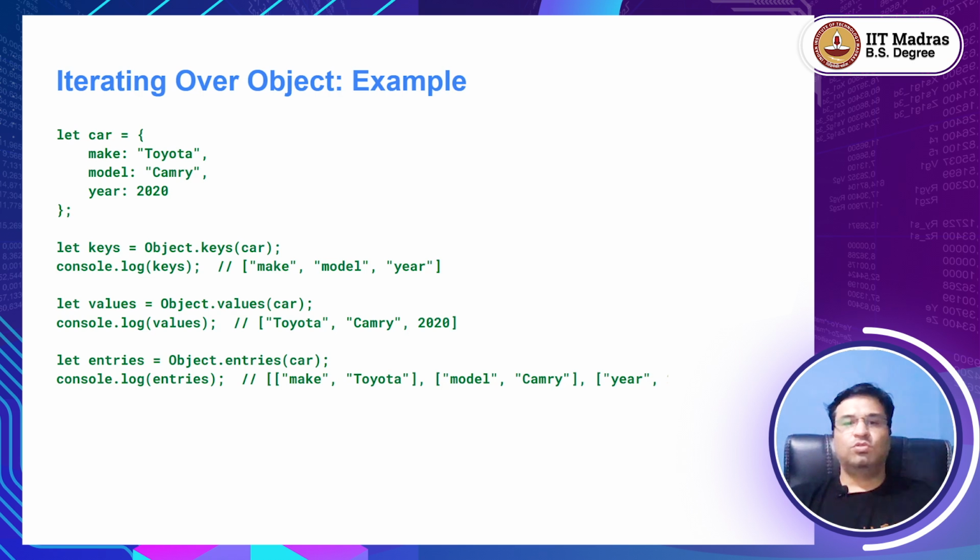This is often very useful for destructuring in loops. Here Object.entries(car) returns an array where each element is itself an array containing a key value pair from the car object, like make, Toyota.